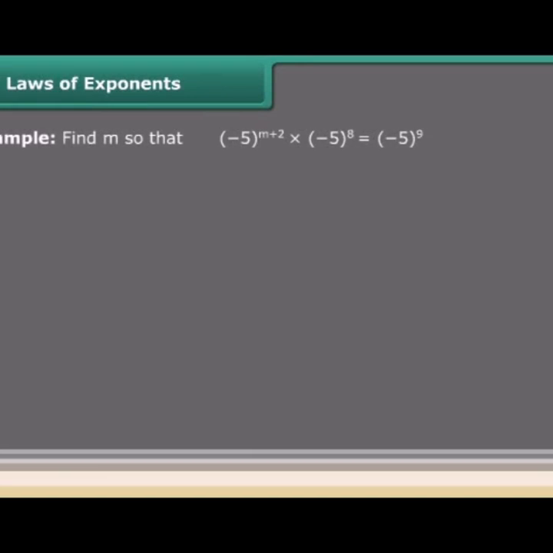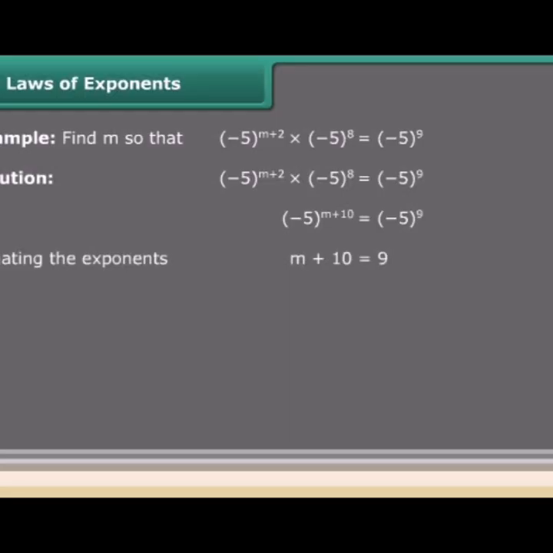Example, find m so that (-5)^(m+2) × (-5)^8 is equal to (-5)^9. Solution. (-5)^(m+2) × (-5)^8 is equal to (-5)^9, so (-5)^(m+10) is equal to (-5)^9.